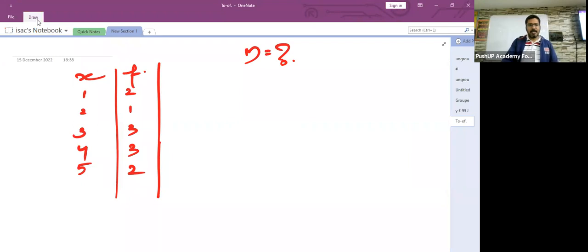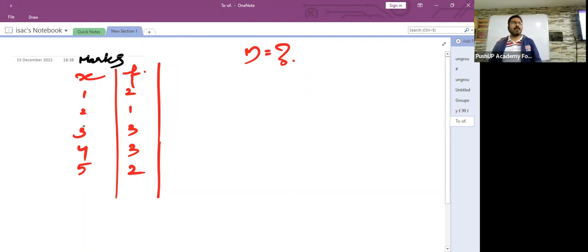Children, imagine the variable X stands for marks of students, and F is the corresponding frequency.